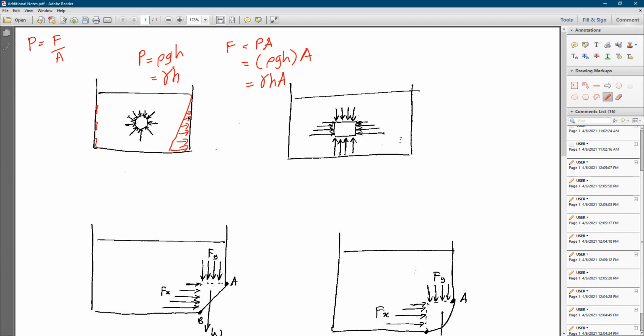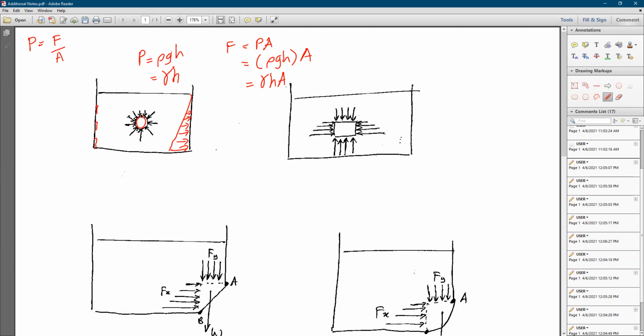Then let's say you have a ball, here I have the shape of a circle, and I put it inside this water tank. The pressure will act around it, on its surface.